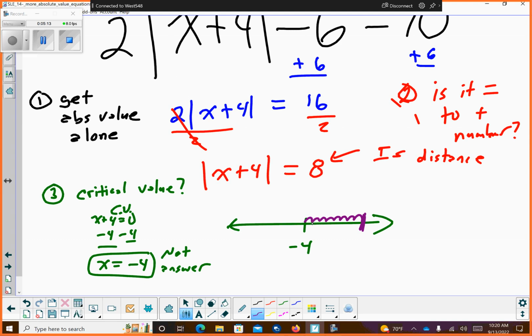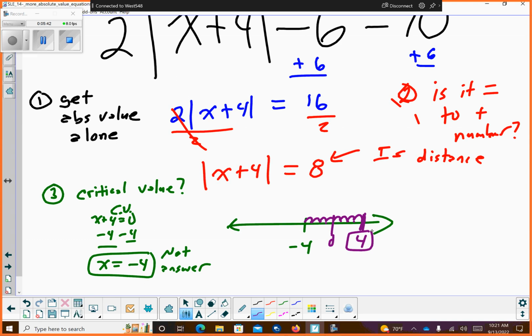Let me just make sure I have 8 times. 1, 2, 3, 4, 5, 6, 7, 8. Okay, so -3, -2, -1, 0, 1, 2, 3, 4. That's one of my answers. Notice the critical value I didn't box in. It's not my answer. It's what I'm using to get to my answer.